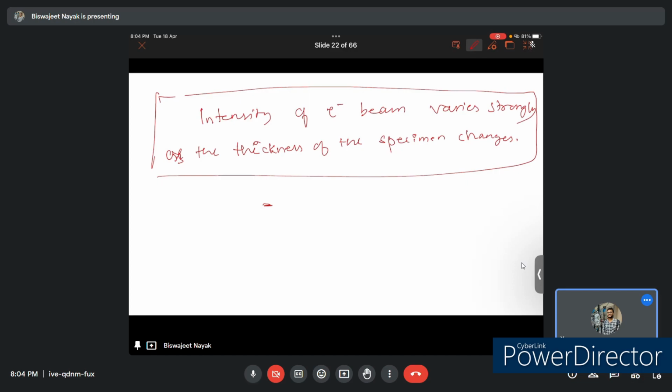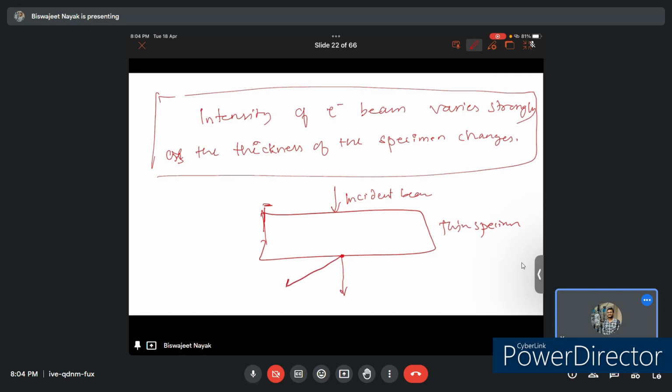That is, if a thin specimen is given, then the incident beam gives the direct beam and diffracted beams, minus g and plus g, at different diffracting planes.